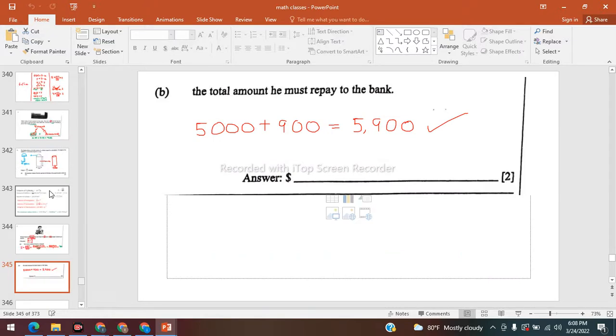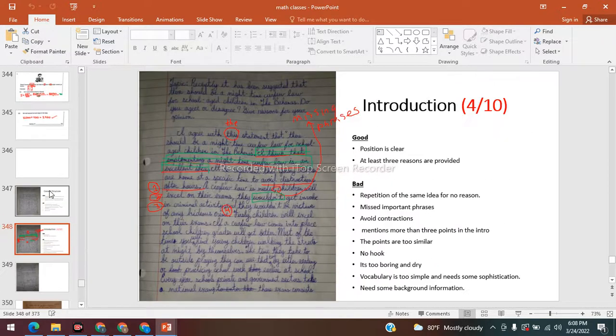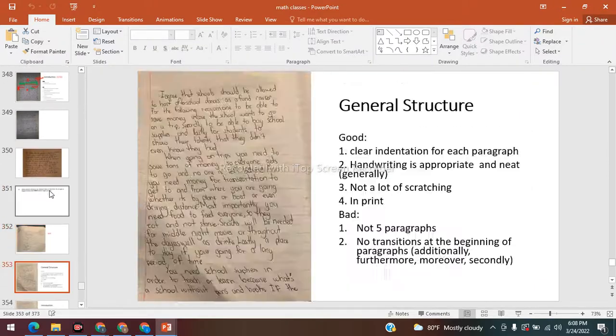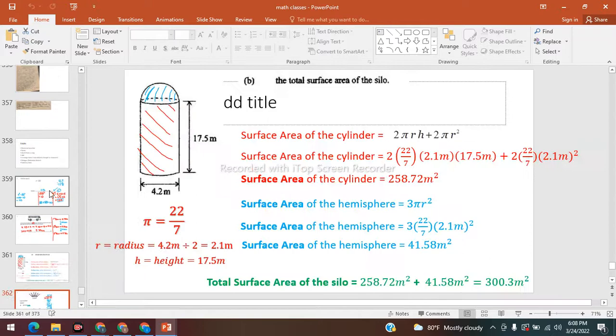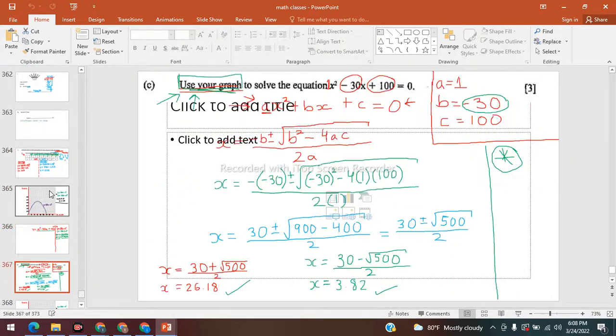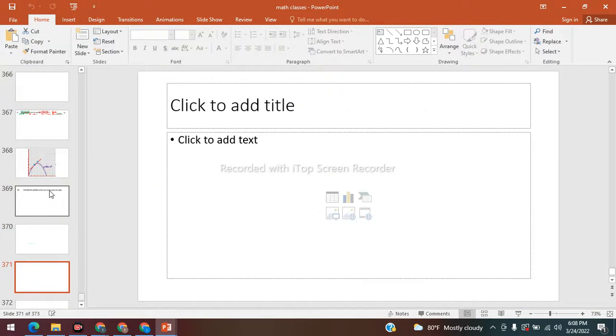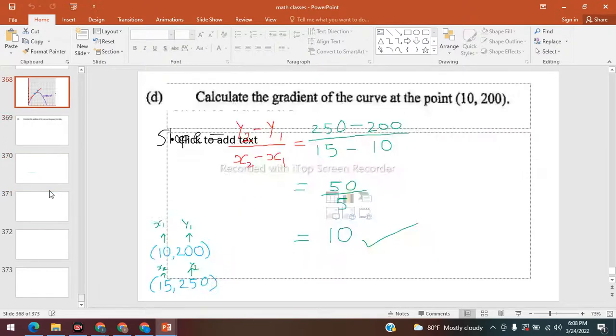Mr. B, there were some questions you left out from earlier. The cylinder, we didn't finish it. Yes, I know that cylinder we didn't finish.